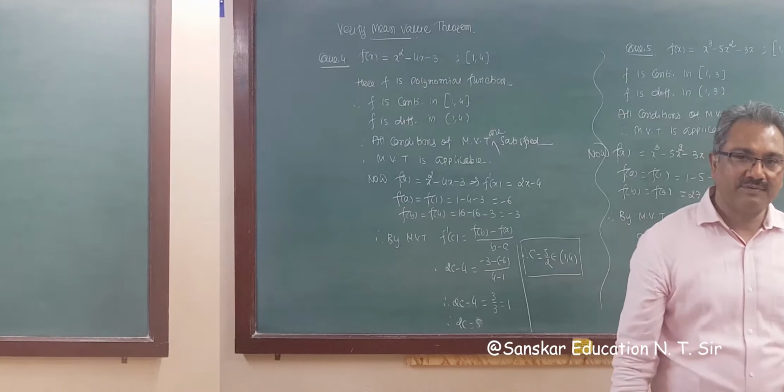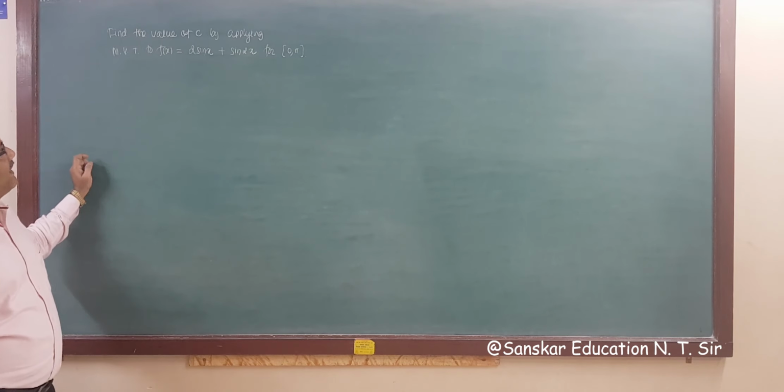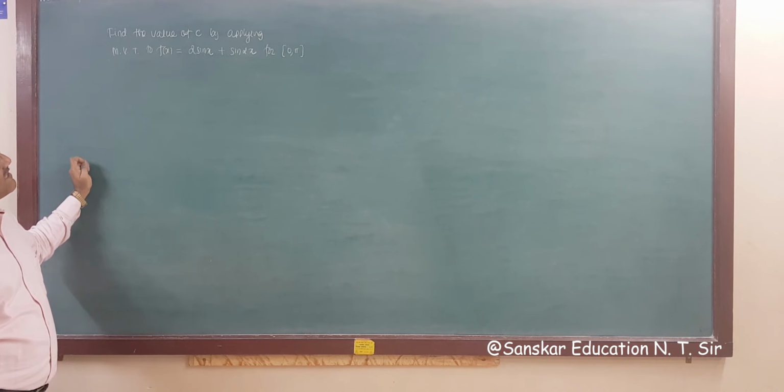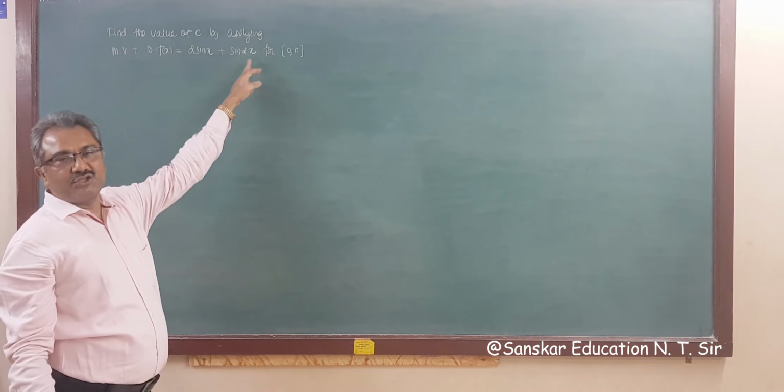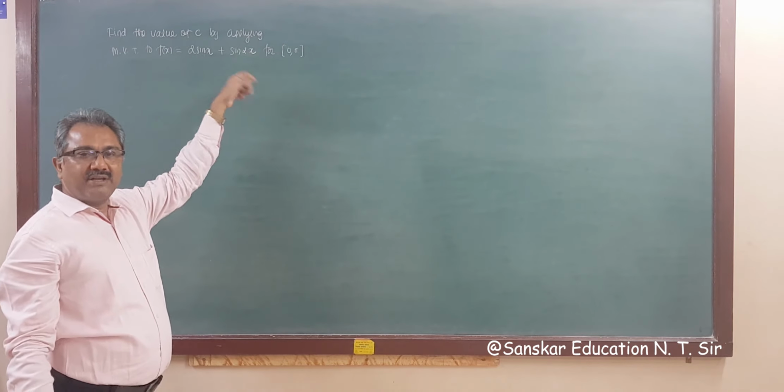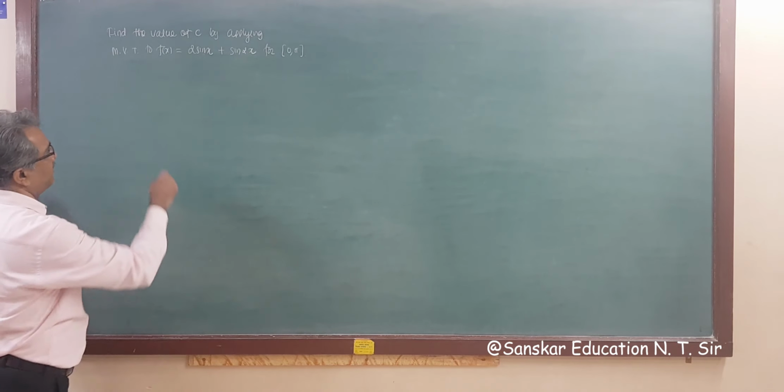Next question is find the mean value c by applying mean value theorem to f(x) is equal to 2 sin x plus sin 2x for closed interval 0, pi, right? So first of all, f is continuous function in 0, pi and differentiable in open interval 0, pi, right? That you know.